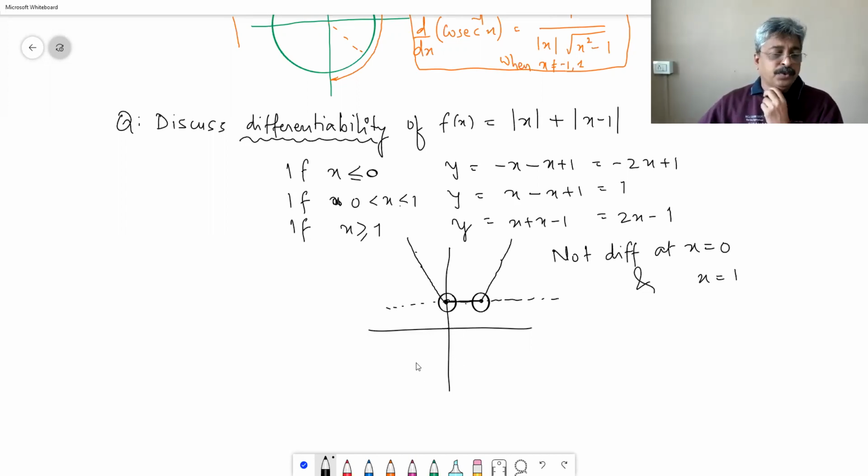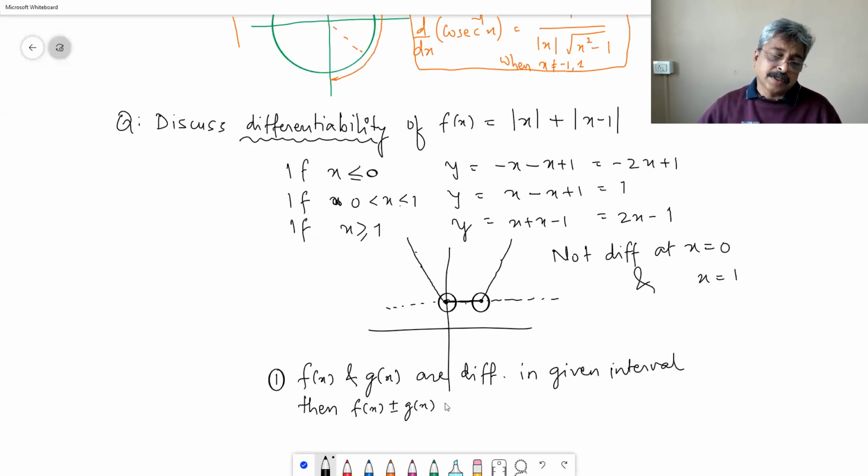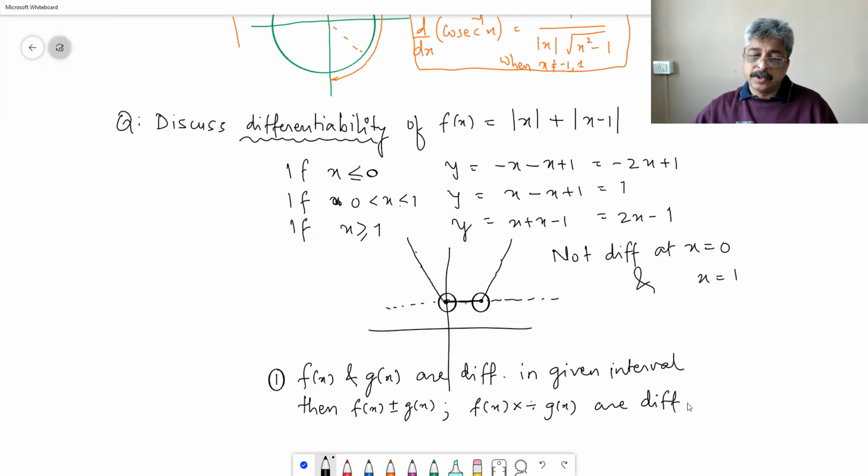So you may note few thumb rules. One, if f of x and g of x are differentiable in given interval, then, I mean, we have proved this, then f of x plus minus g of x or f of x into or divided by g of x, if they are defined, are differentiable in that interval.